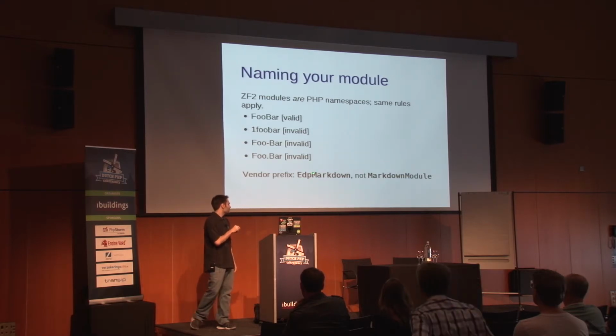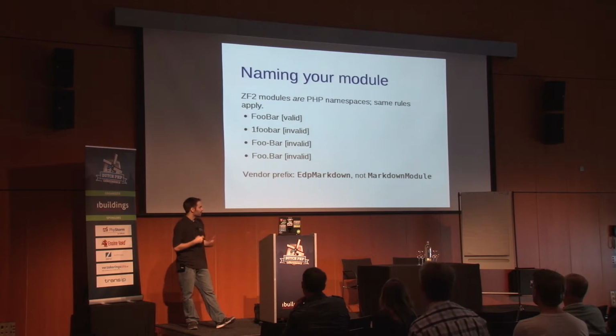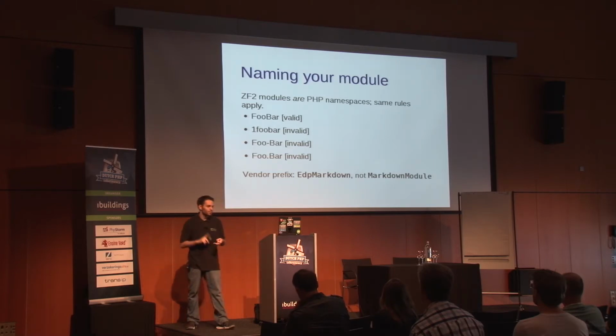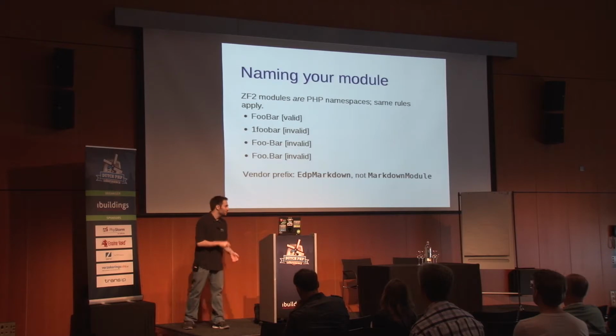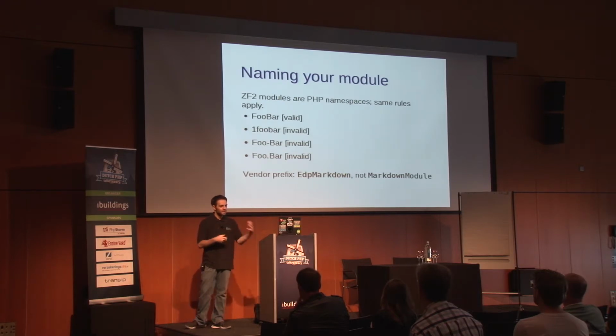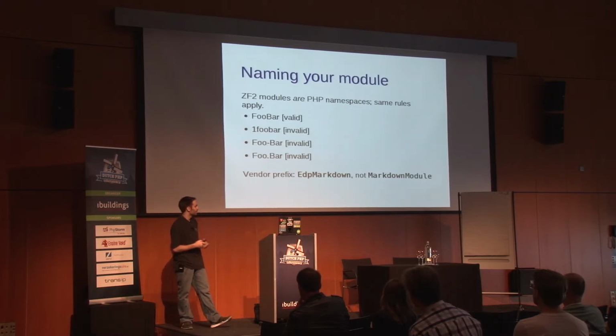I would call this EDP Markdown, not Markdown module, nothing generic. You end up with module names out in the community like Markdown module, Uber Markdown module, super cool Markdown module, and that just doesn't help anybody. At least if you have some kind of a prefix that you can associate with somebody or a group of people that are maintaining that module, it's easier to go through the modules and it helps the community.